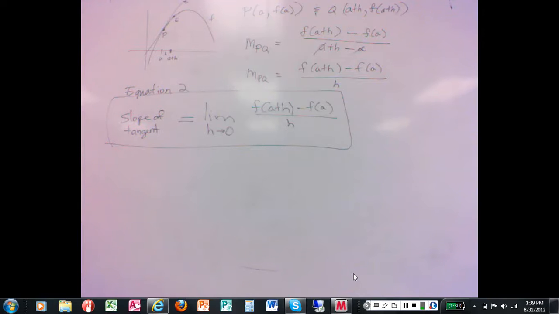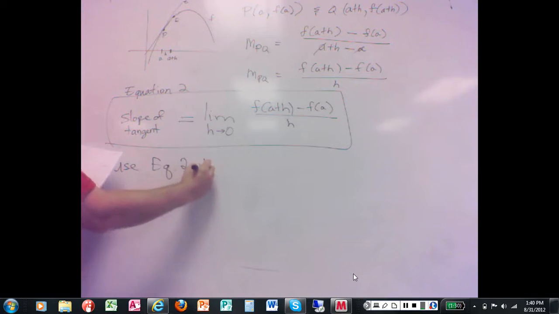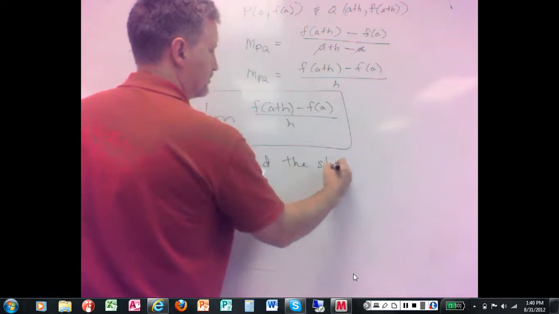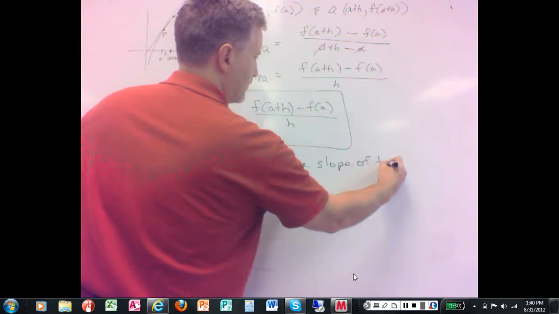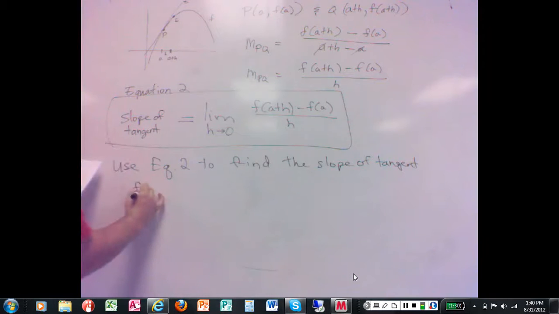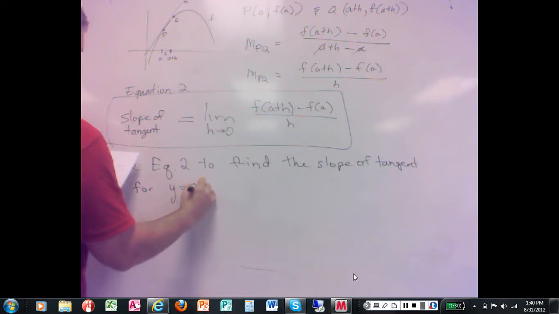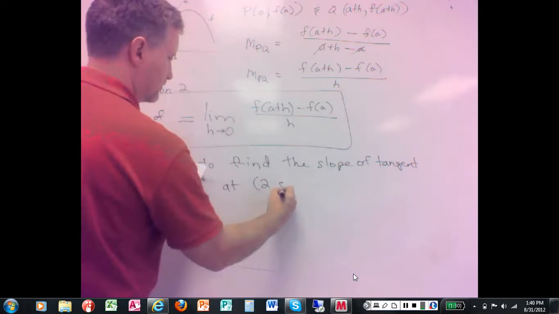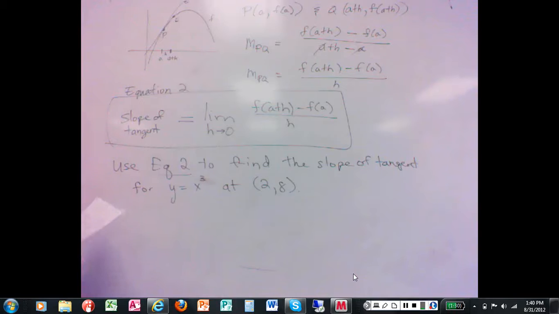All right, so let's use that to find the slope of the tangent line, using equation 2, for y equals x cubed at (2, 8).